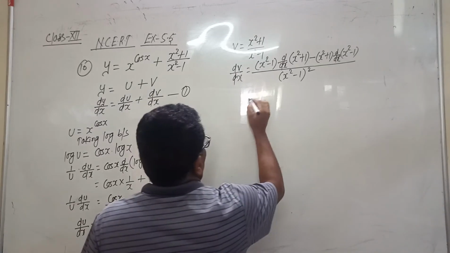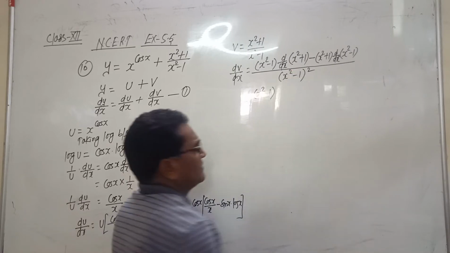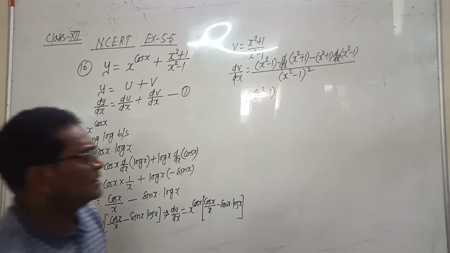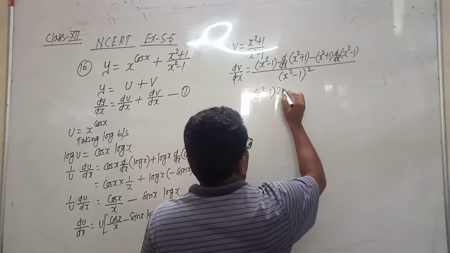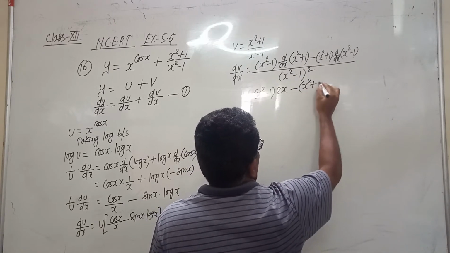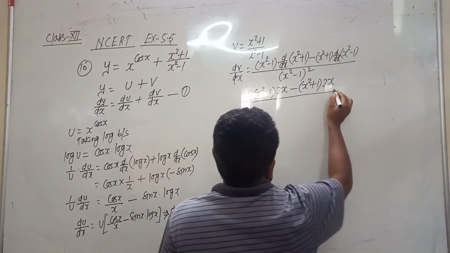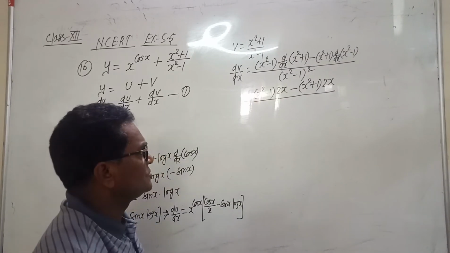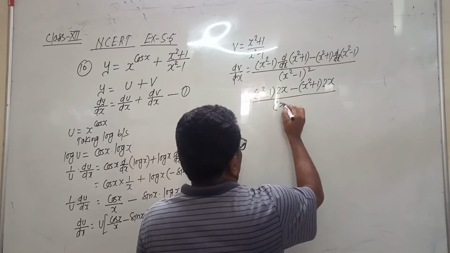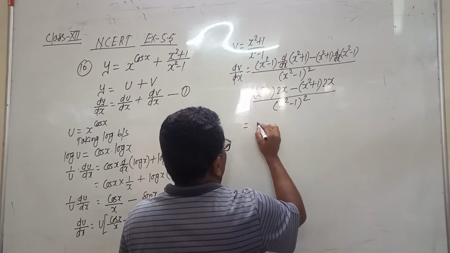Now this becomes x square minus 1 and differentiation of x square is 2x and differentiation of 1 is 0, minus x square plus 1, differentiation of x square again 2x and differentiation of 1 is 0, upon x square minus 1 the whole square. Remove the bracket.